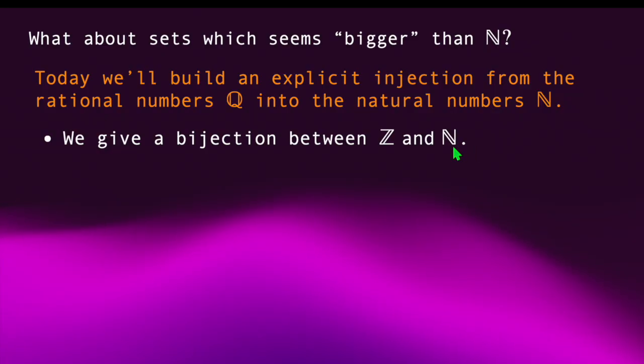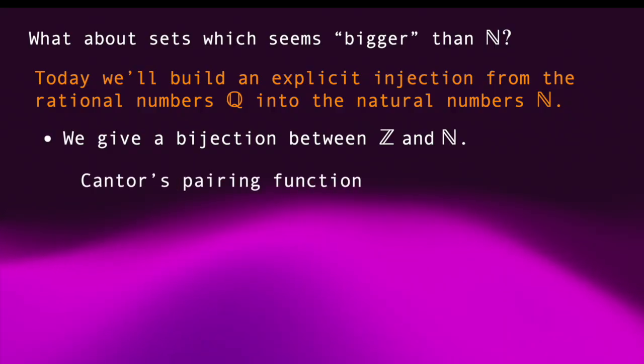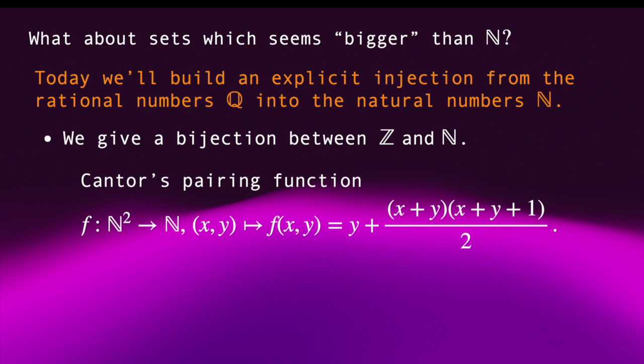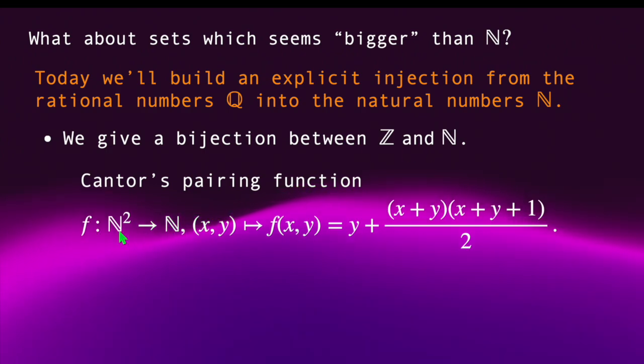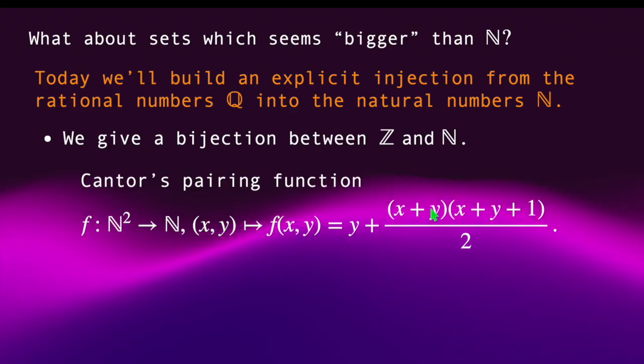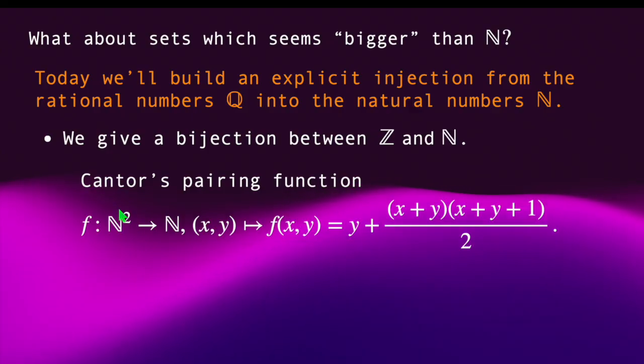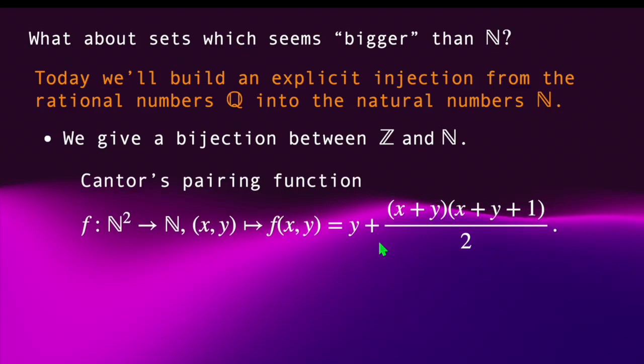It's easy to do, and then we will use a famous function, namely Cantor's pairing function, which is a map from N squared to N given by this formula, and we will show that actually it is a bijection. And it is the core of this video.